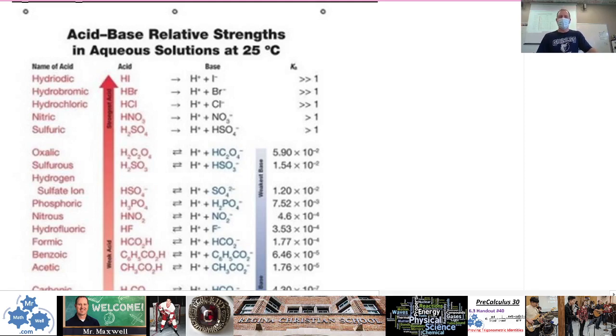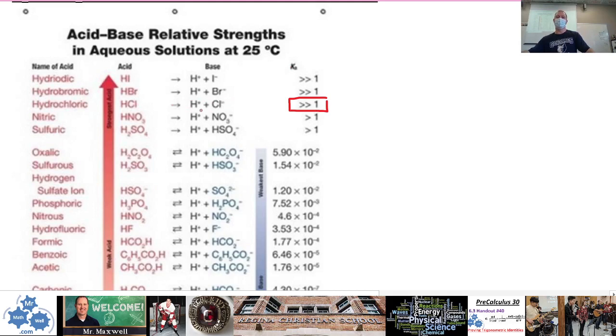So for HCl, for example, right? HCl breaks up into H+ and Cl- as a dissociation equation. And the Ka would be the product of the concentration of this ion times the concentration of the Cl-, right? And because this Ka is super, super large, much, much greater than 1, that means that we have a strong acid and we have an abundance of ions here.